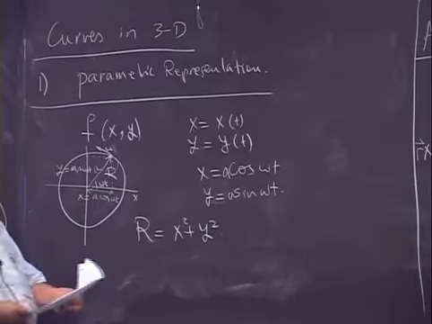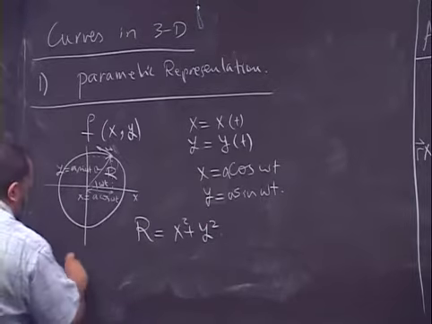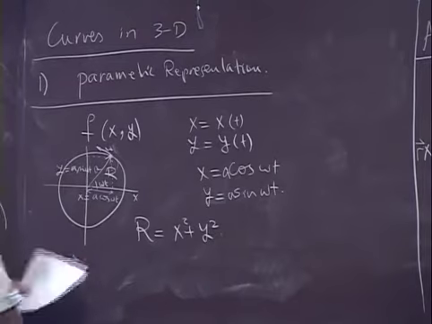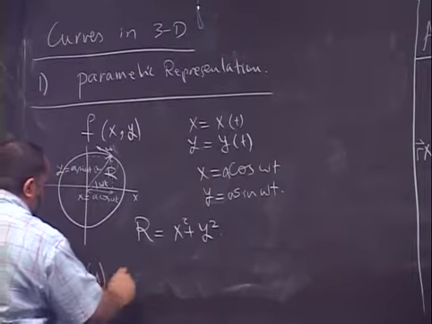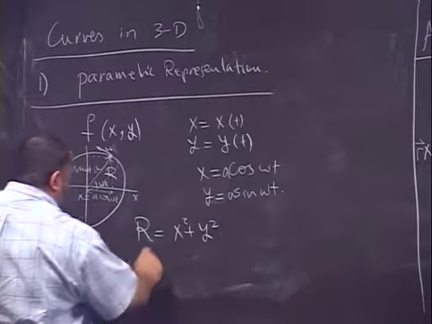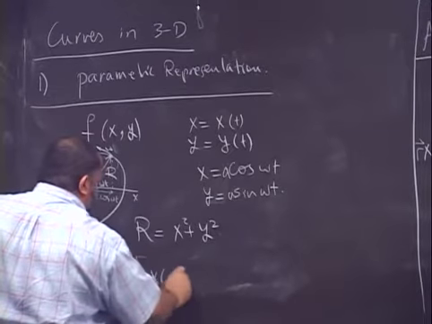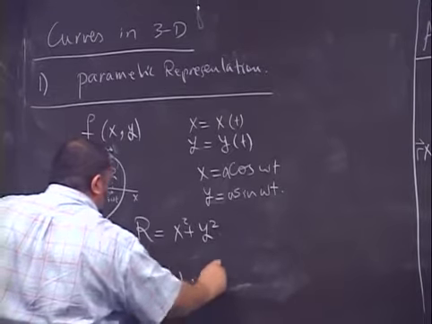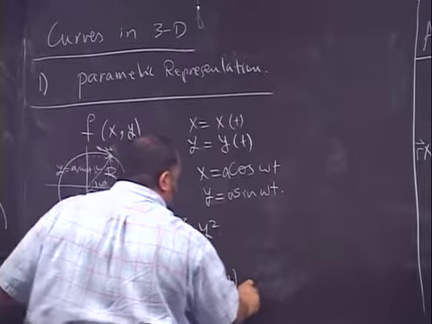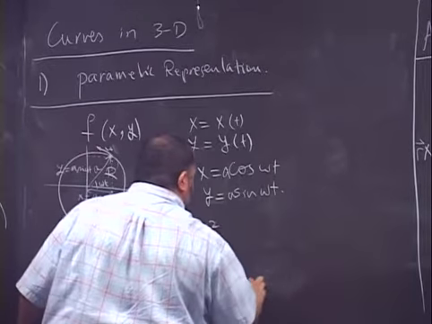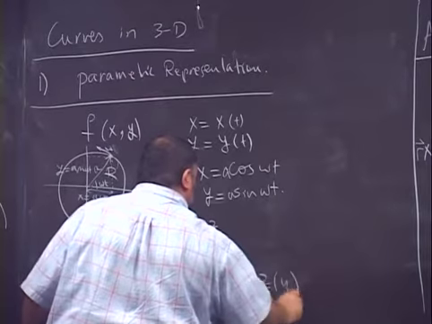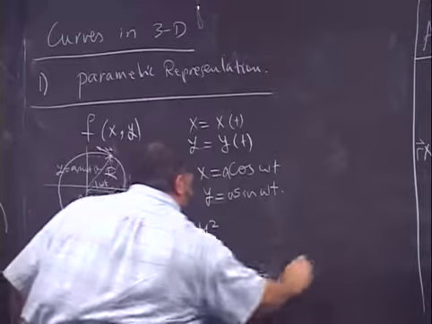So you can represent it as this, or you can represent it as this in parametric representation. So a vector r of u is just x of u and y of u and z of u. So it's exactly the same as here.